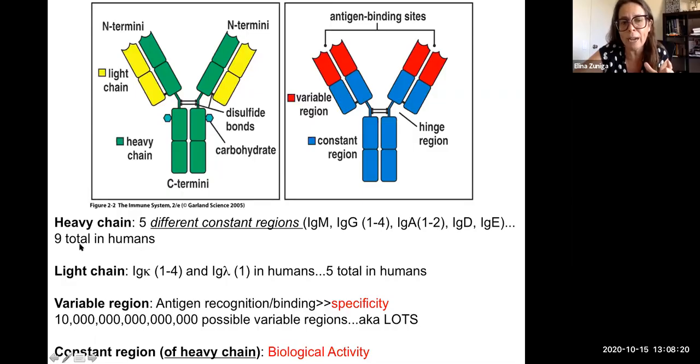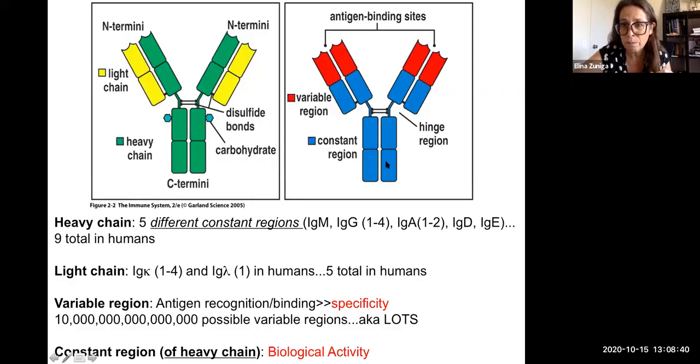So a total of 9 different classes of immunoglobulin, which basically differ in the constant region of the heavy chain.